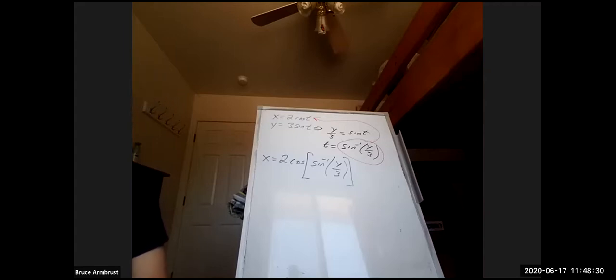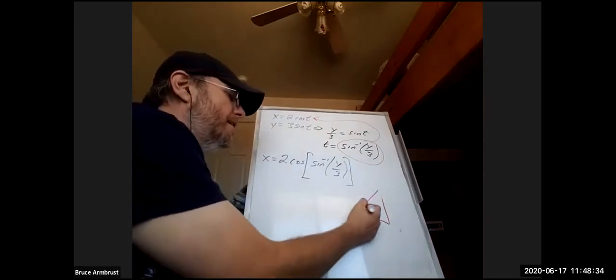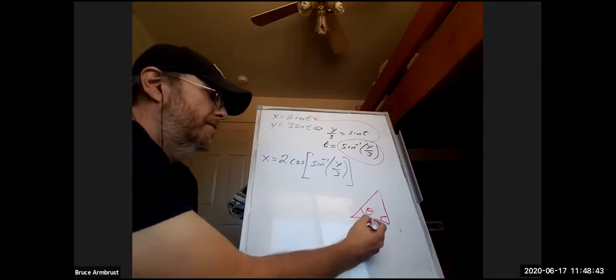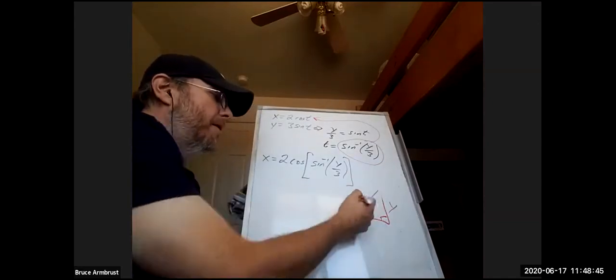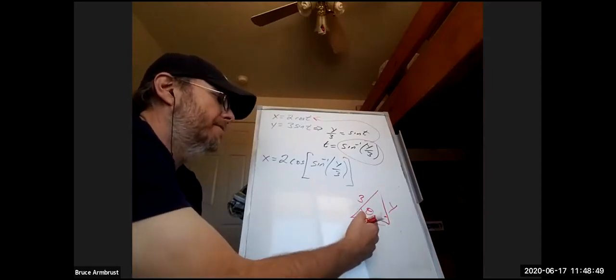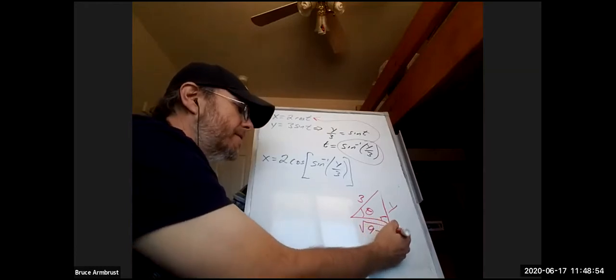So let's do this the old right triangle way. So what we've got is some theta where the sine is equal to y over 3. Okay, so sine is opposite over hypotenuse. We can use the Pythagorean theorem to find the other, and that's going to be the square root of 9 minus y squared.